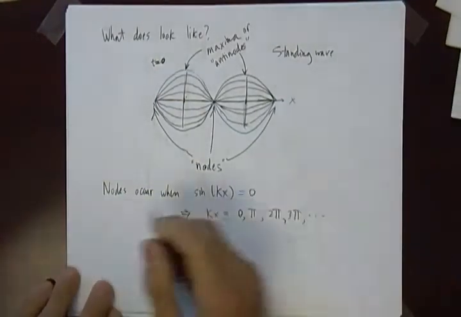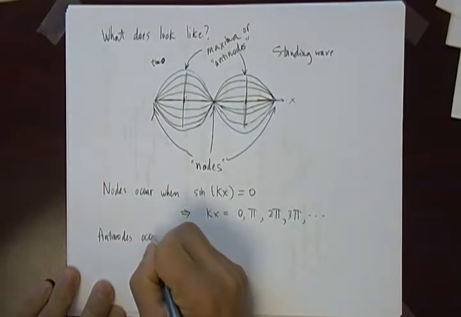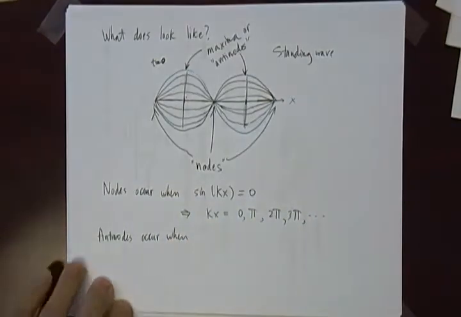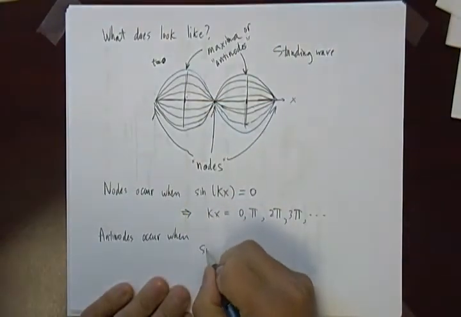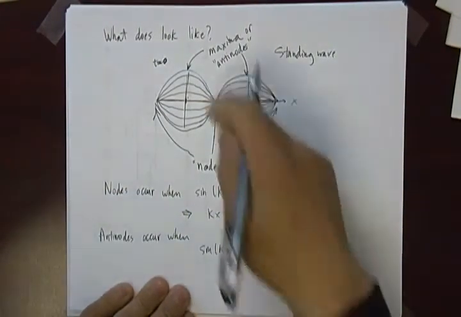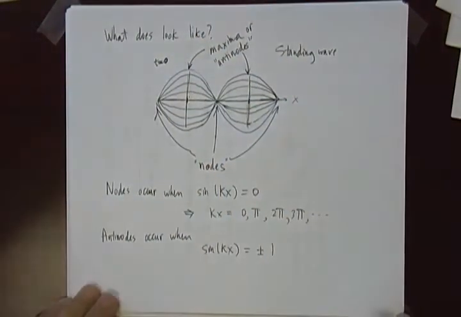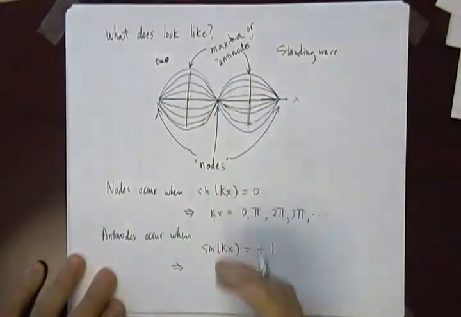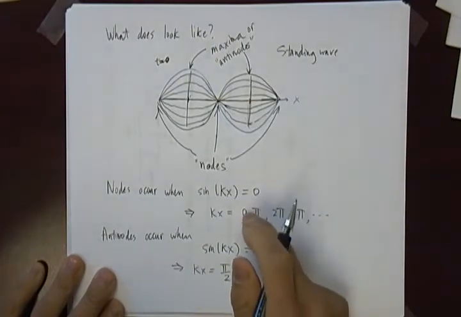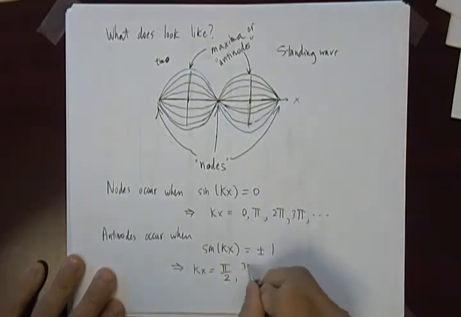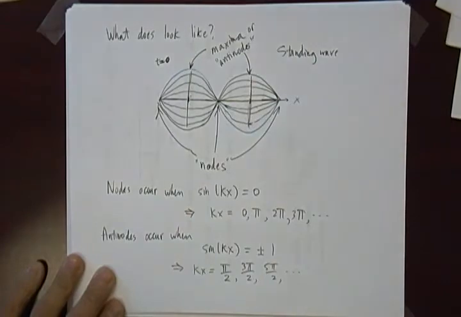How about the antinodes? The antinodes are the maxima. The antinodes occur when sine of kx is equal to either 1 or minus 1. Considering positive x, that happens when kx is equal to pi over 2, so basically in between these points, pi over 2, 3 pi over 2, 5 pi over 2, and so on.